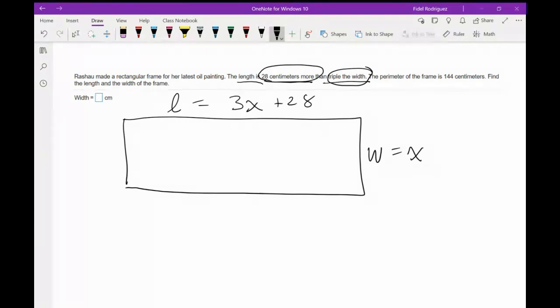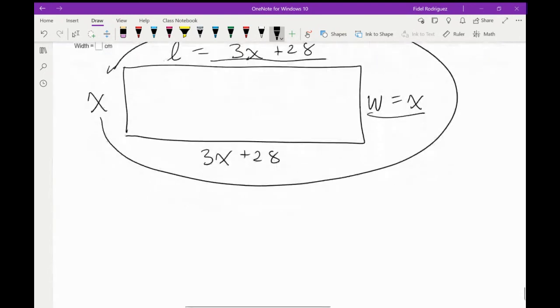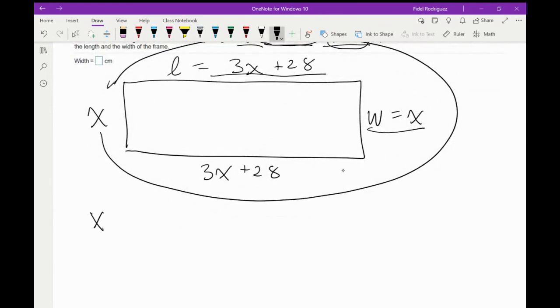So guys, just like we did before, if this side over here is x, then this side is x. And if the top piece is 3x plus 28, so is the bottom piece, right? And again, I'm just going to start adding everything up, going around. So I'm going to have x plus 3x plus 28 plus another x plus 3x plus 28.